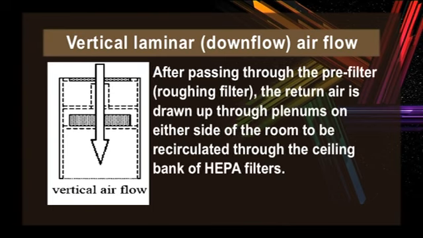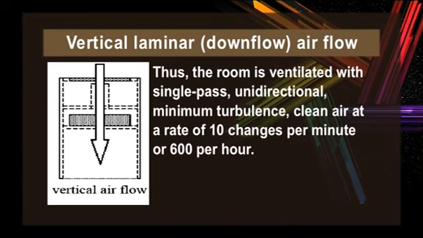After passing through the pre-filter, that is the roughing filter, the return air is drawn up to plenums on either side of the room to be recirculated through the ceiling bank of HEPA filters. Thus, the room is ventilated with single pass unidirectional minimum turbulence clean air at a rate of 10 changes per minute, or 600 per hour.